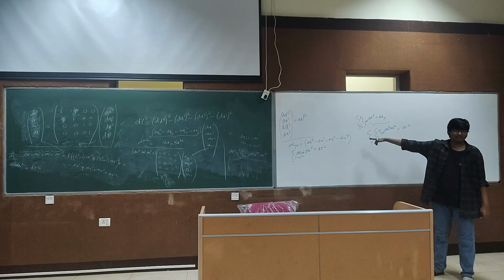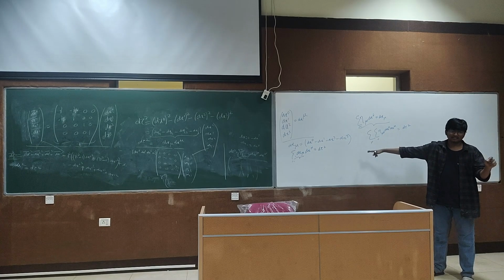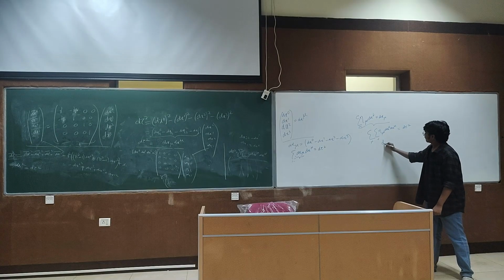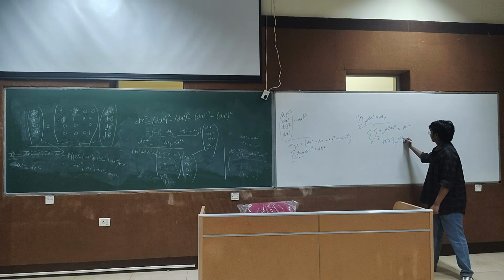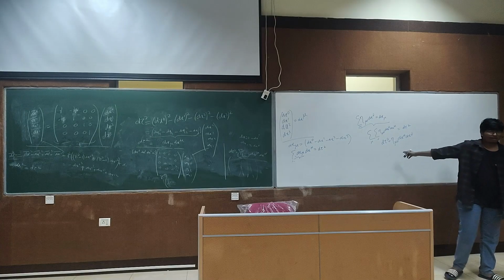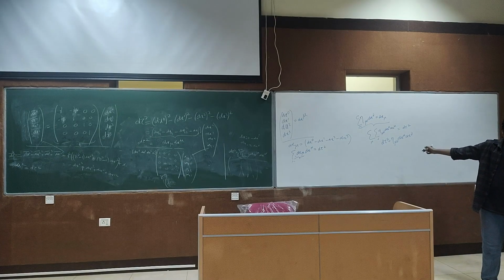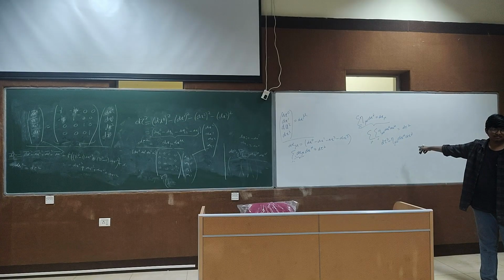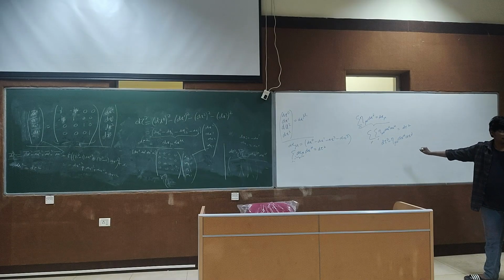Now since there are two summations, there will be two repeated indices, right? So I just write d tau square equal to eta mu nu dx mu dx nu. See, at the level of the elements of that dx mu, they are just numbers. So I can always commute, do anything. They are just numbers being summed, right?